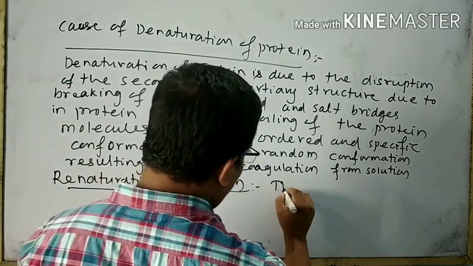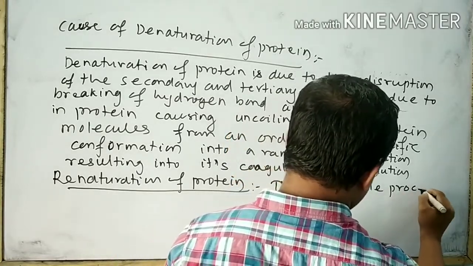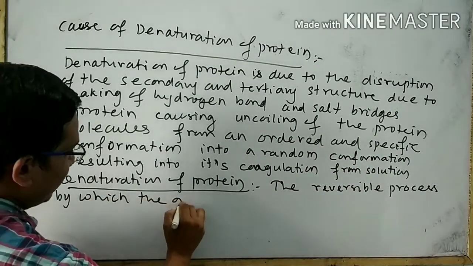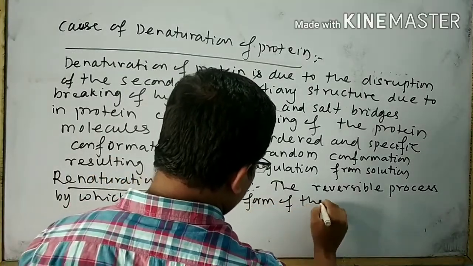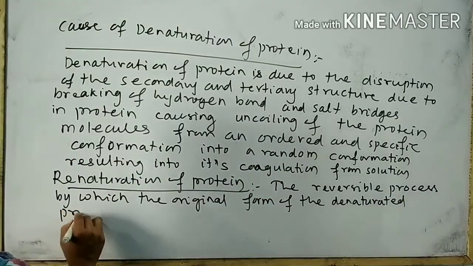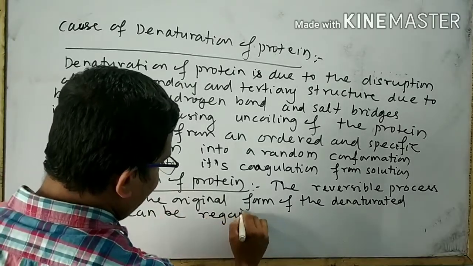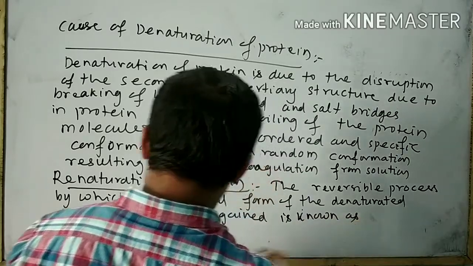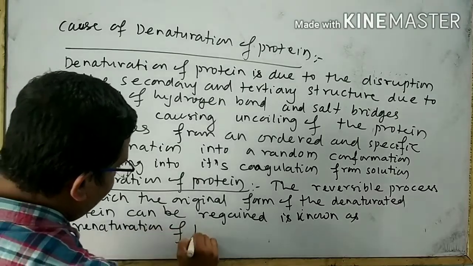So we can write the reversible process by which the original form of the denatured protein can be regained is known as renaturation of protein.